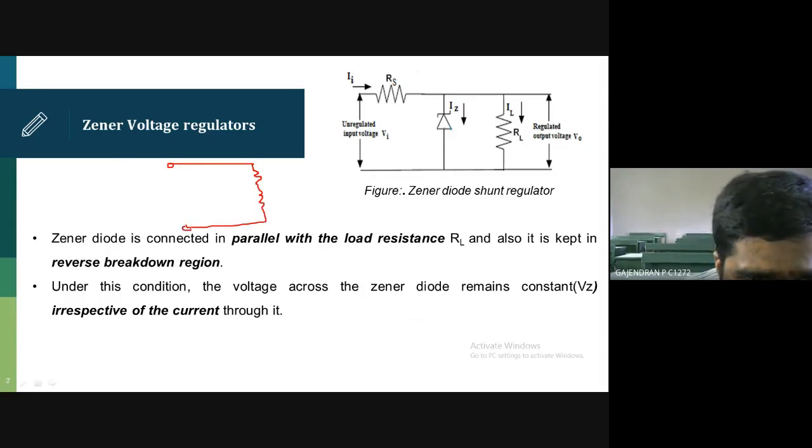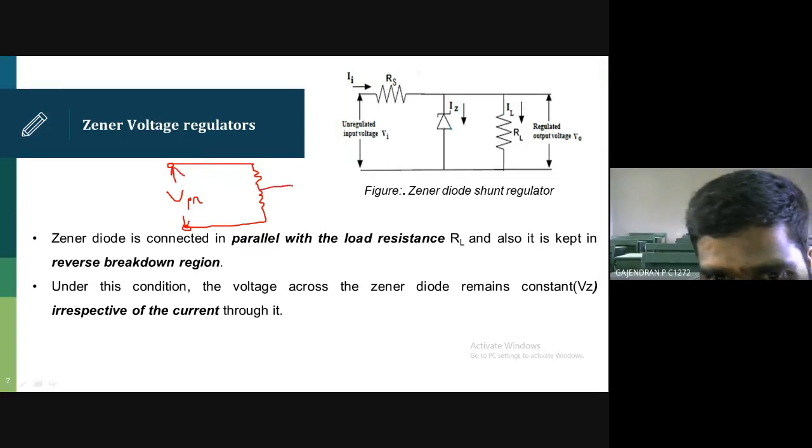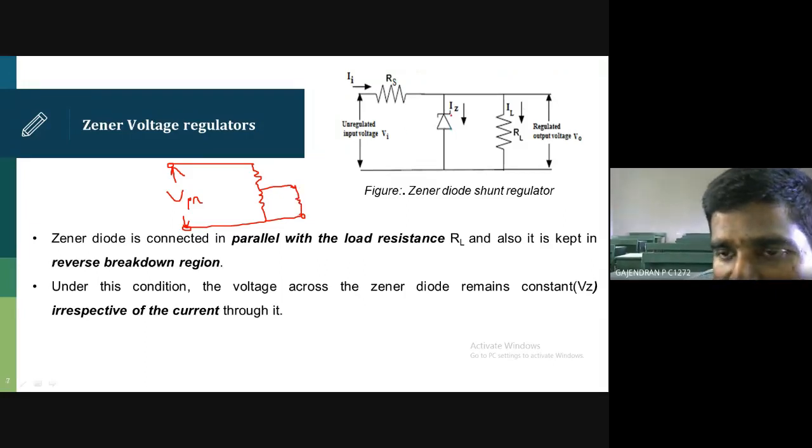Before getting into the discussion, let me ask a few questions. You can answer, I hope. This is my load resistor. I consider the reverse bias resistance of the Zener diode. This is RS, and this is the Zener diode resistance in reverse bias.